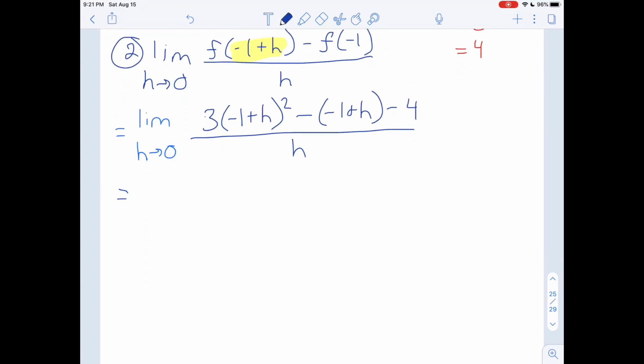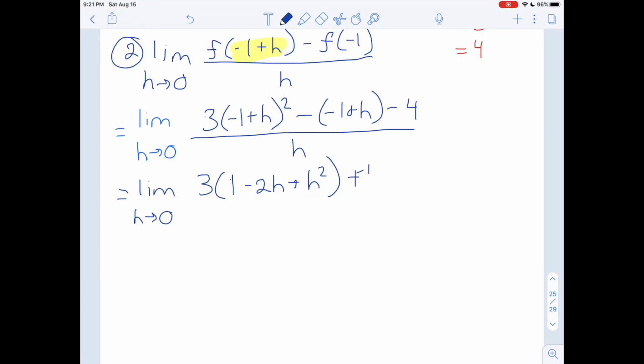So we know we're going to need to do some simplifying. Going to do our exponents first. So 3 times negative 1 plus h squared is going to be 1 minus 2h plus h squared. If you need to expand that out, that's totally okay. And I'm going to distribute this negative through the parentheses.